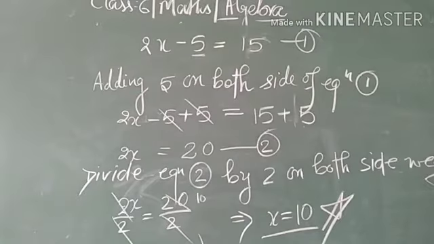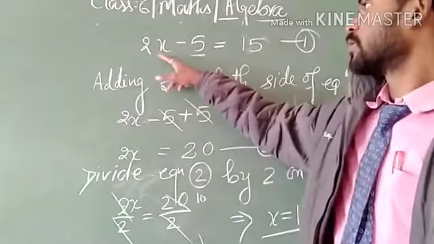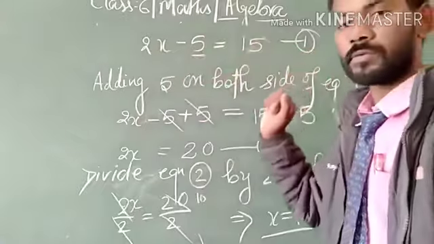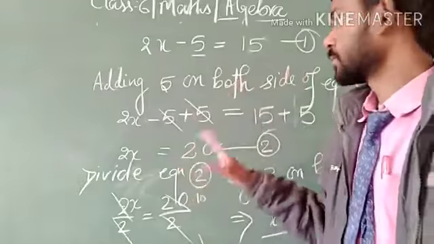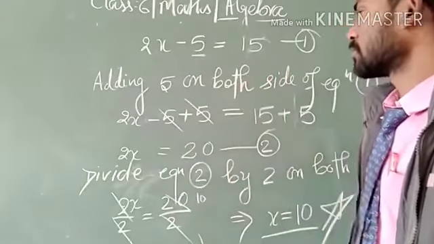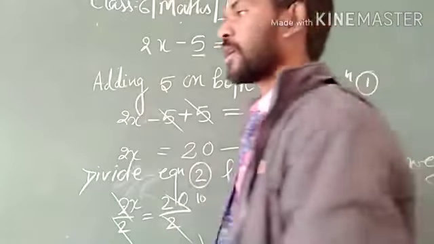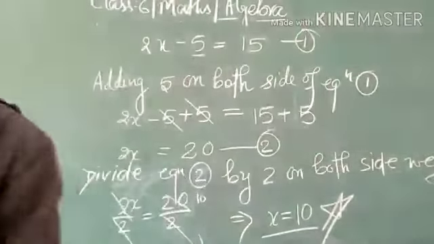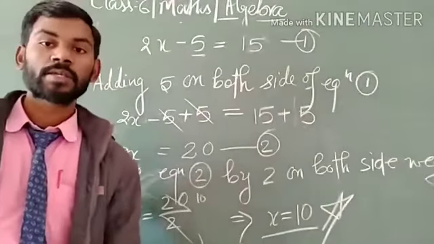Okay students, so I hope the solution has been clear to everyone. Let us see the solution one more time. Here the given question is 2x minus 5 is equal to 15. Suppose that this is equation 1. In this equation we can see that on the left hand side the variable has two constants combined with it.